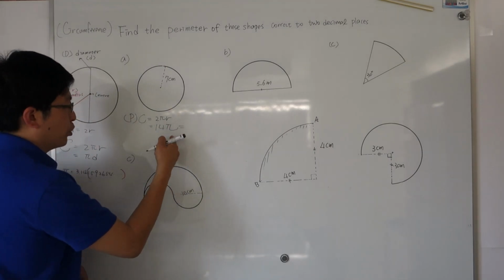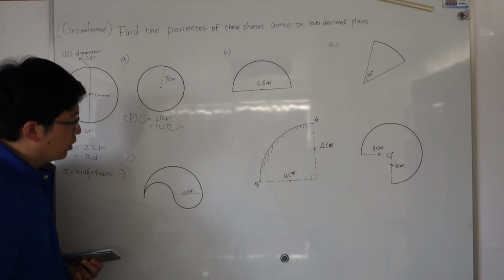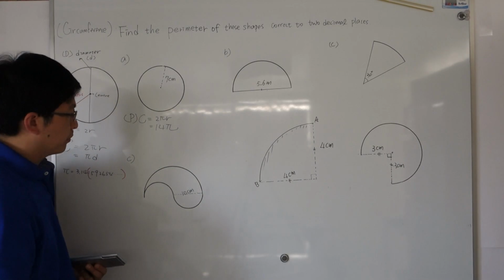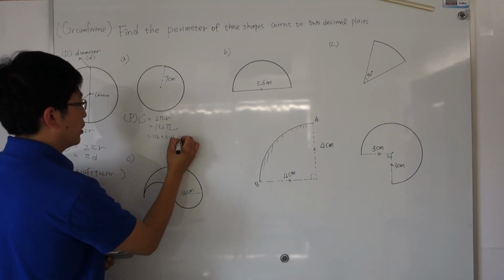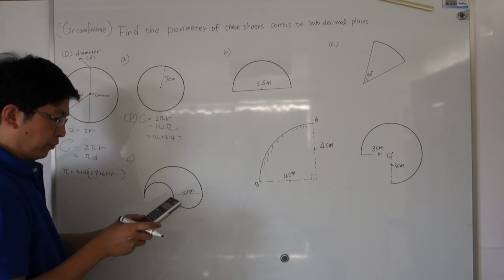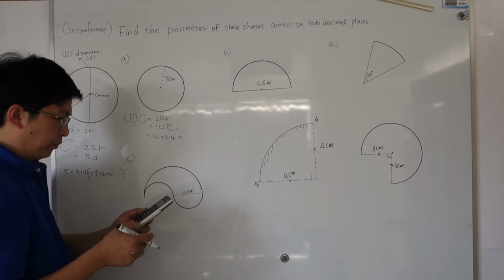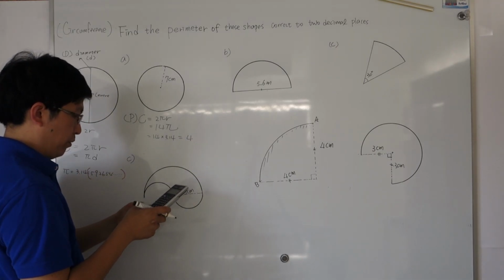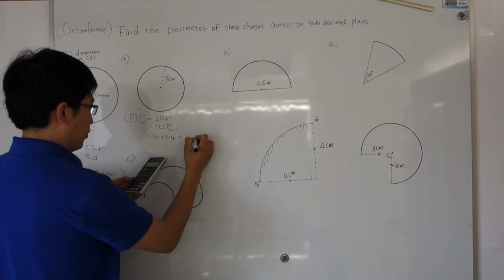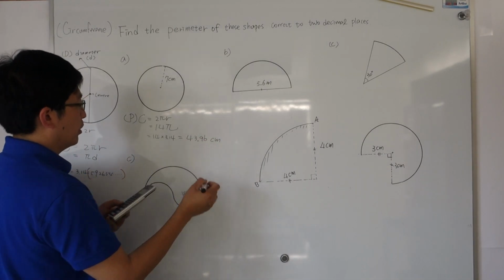Or if you want to substitute pi equals 3.14, 14 times 3.14 equals 43.96 centimeter.